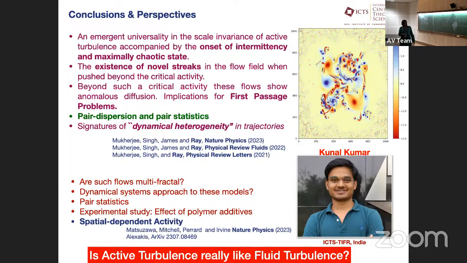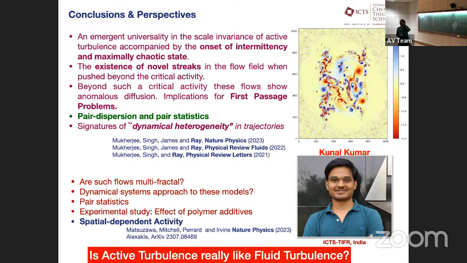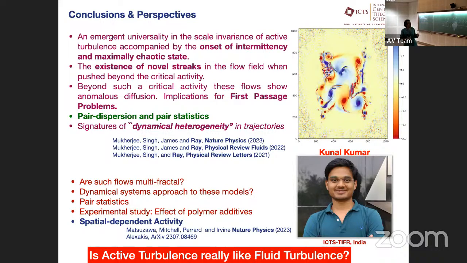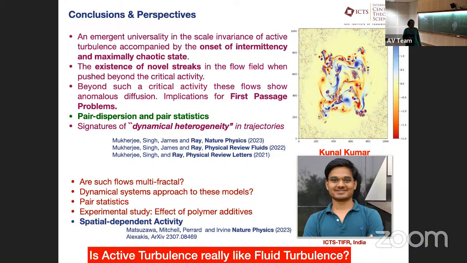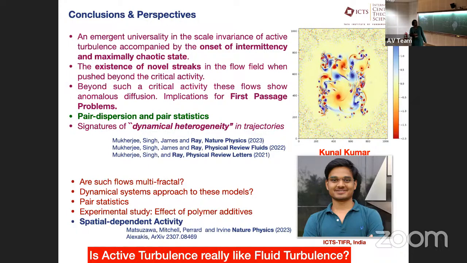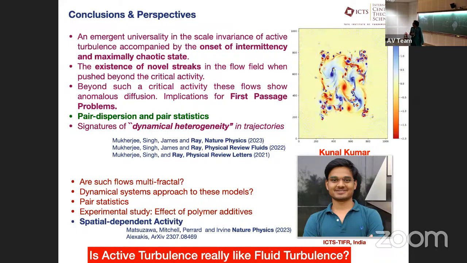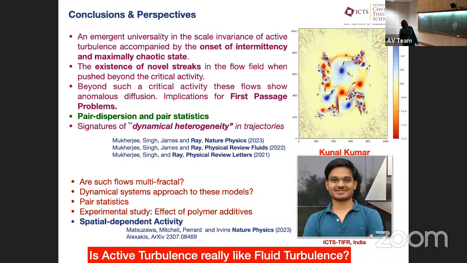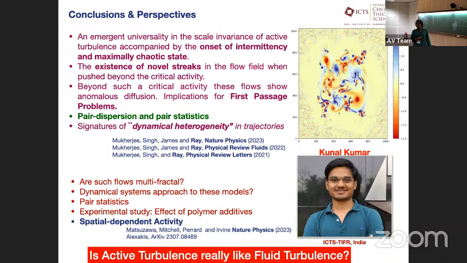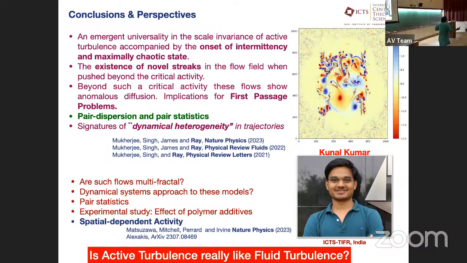And right now, Kunal, who is sitting there and looking very shy, is a graduate student doing coursework. This semester he was doing a theory project with me, and he was interested in this question of spatially dependent activity that Tapomoy you were talking about. He set up several configurations. One of them is this: you have a little patch in the middle, which is highly active, and at the edges, less active.